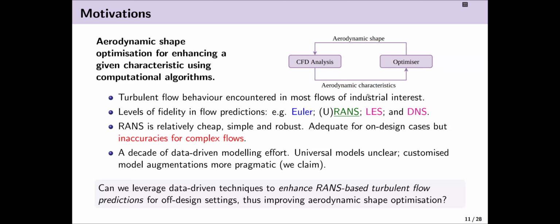And then it can be very expensive to use higher fidelity approaches. And then we've already seen that the RANS models are not very accurate for separated flows. So we're seeing if we can improve the baseline RANS models and use them for shape optimization even when the flow is separated.